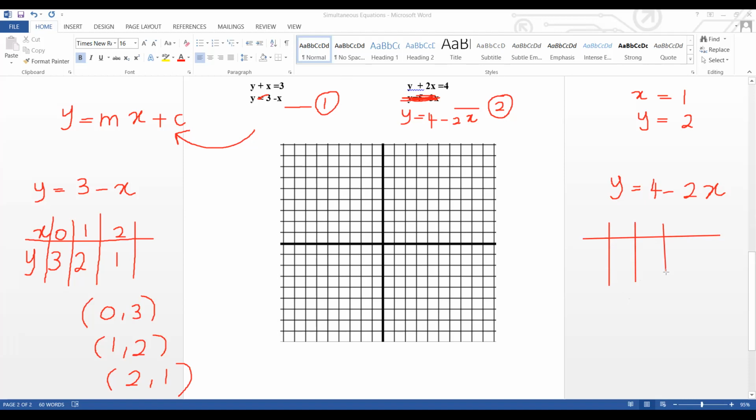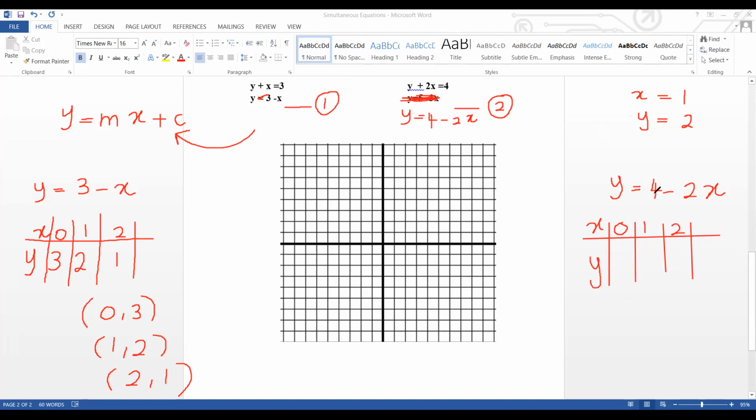Right, here even I'll get x and y. I'm going to take similar numbers, right? So it's up to you to decide. You can take any number that you want, right? So I have taken 0, 1 and 2, right?